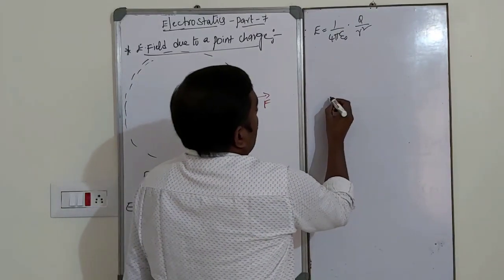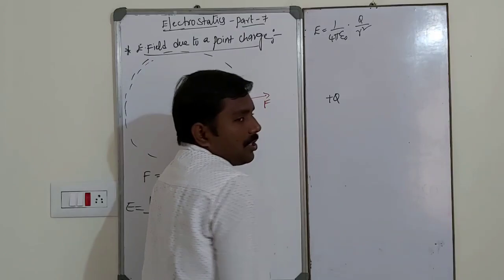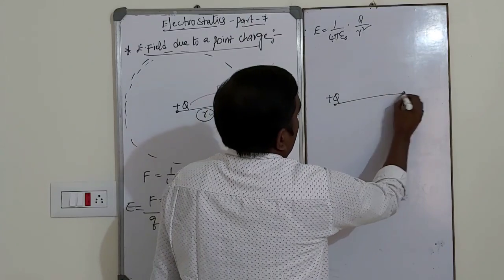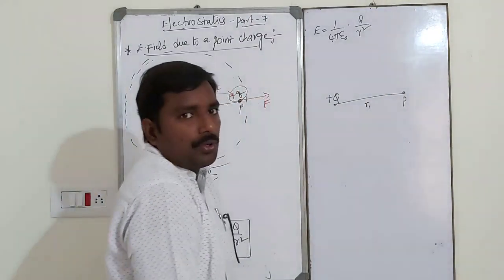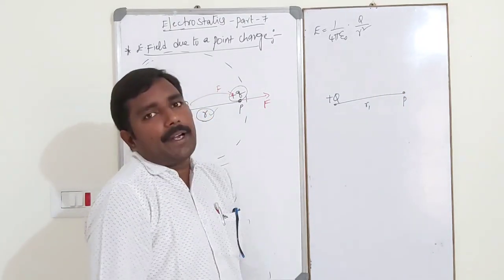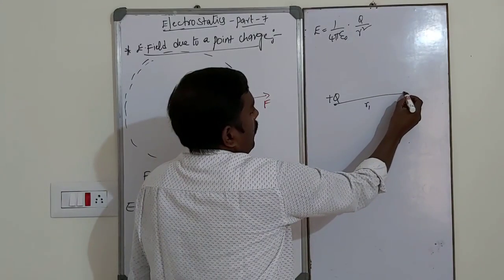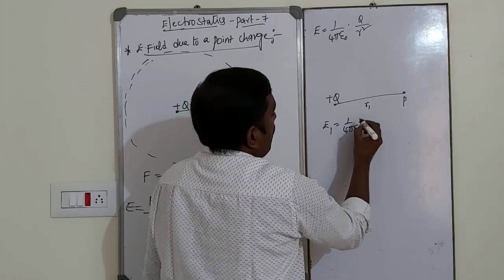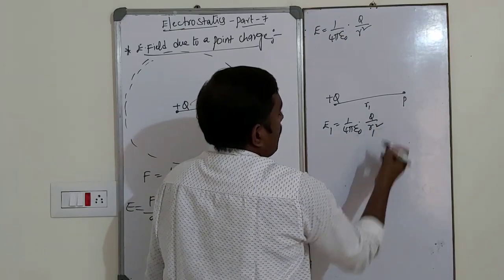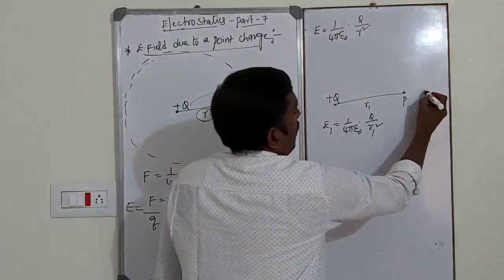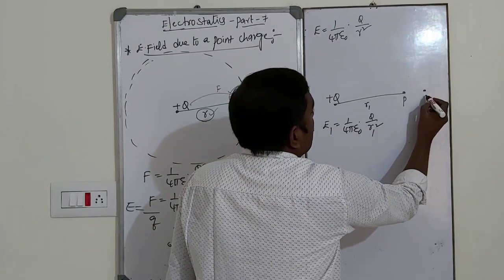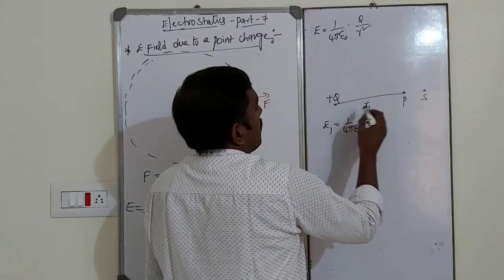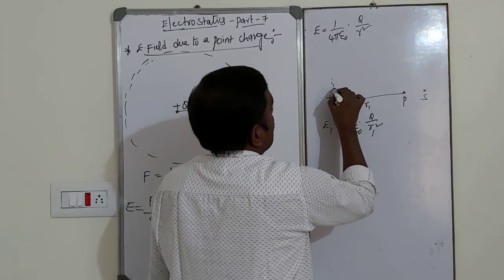See, this is the source charge. Let P be a point at a distance of R1 from the source charge, at which the electric field is to be determined. Then E1 is equal to 1 over 4 pi epsilon naught Q by R1 square. Similarly, I want the electric field at S, at a distance R2 from this charge.